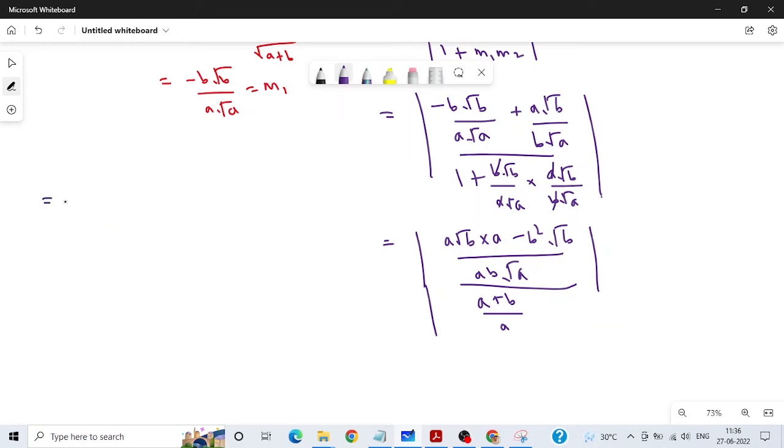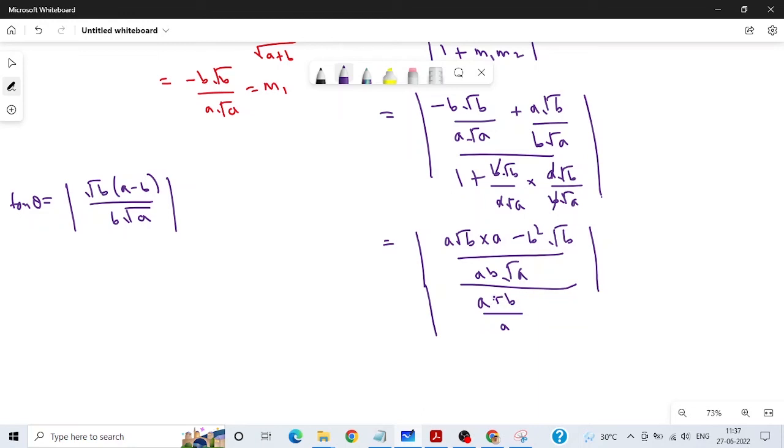So now by simplifying, I'll write it here. So we have tan theta equals to mod of, then we are left with the square root of b into a minus b upon b square root of a. As we can see that here in the numerator we are getting a square minus b square, by taking square root of b common, so it's a minus b and a plus b.